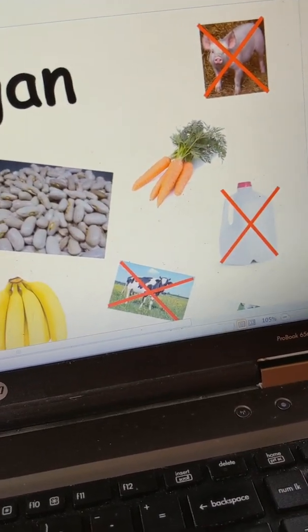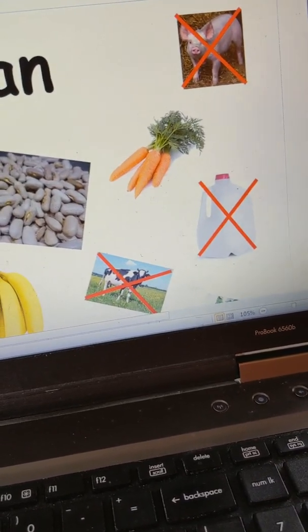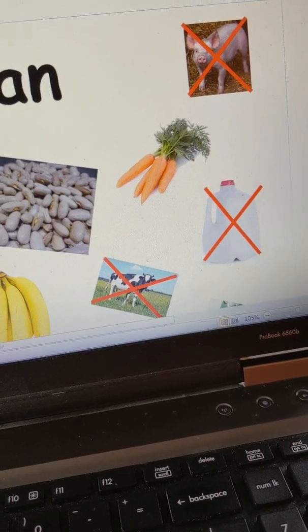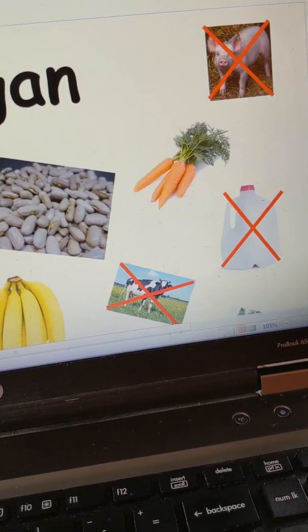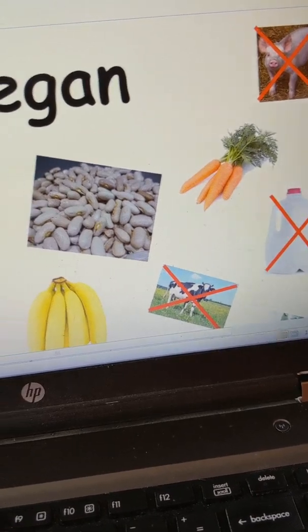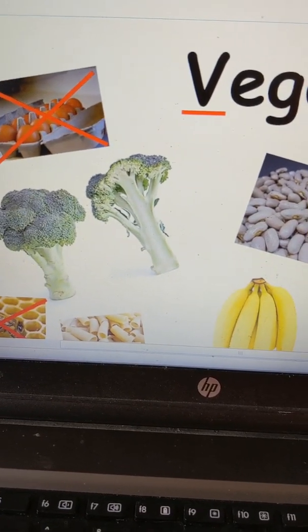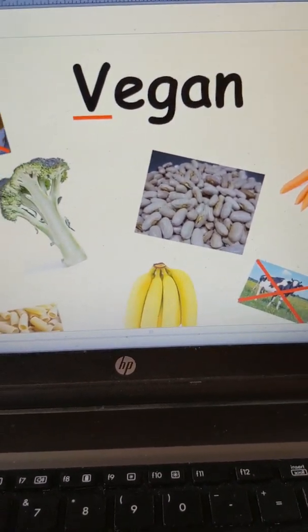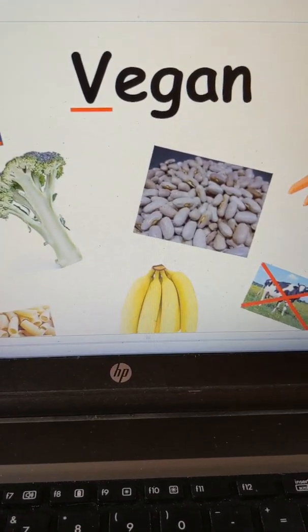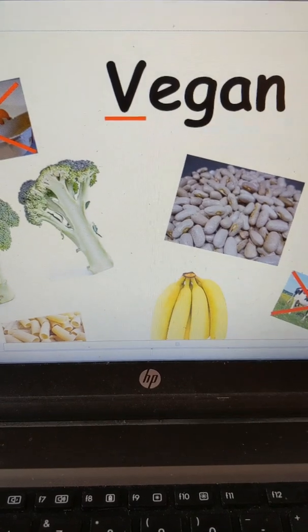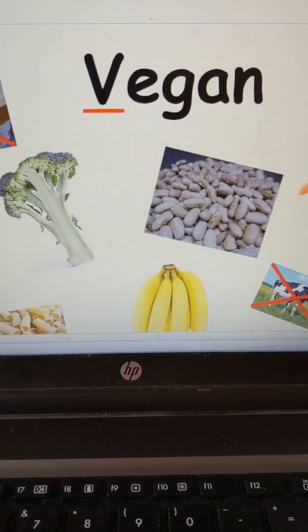There's our pig, and they will not eat any part of the pig at all. No pork products at all, no bacon. So, some people classify themselves as vegan. So remember those two new vocabulary words that start with V: vegetarian and vegan.